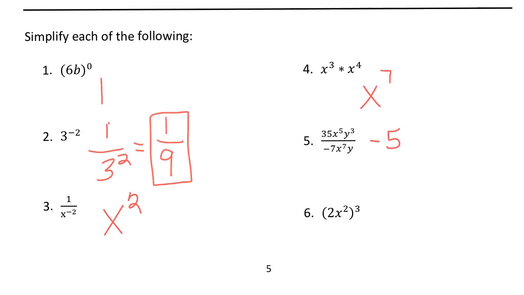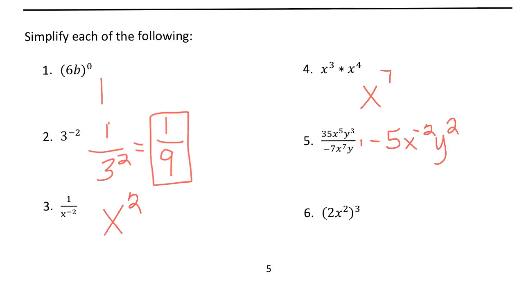We have the common bases of x, so x to the 5th divided by x to the 7th. We have our quotient law, which tells us that our exponents subtract, and 5 minus 7 is negative 2, so we have x to the power of negative 2. And when we don't see an exponent, remember that we have an exponent of 1. So here we have y to the power of 3 divided by y to the power of 1. And when we're dividing, that quotient law says that those exponents subtract, so we have y squared.